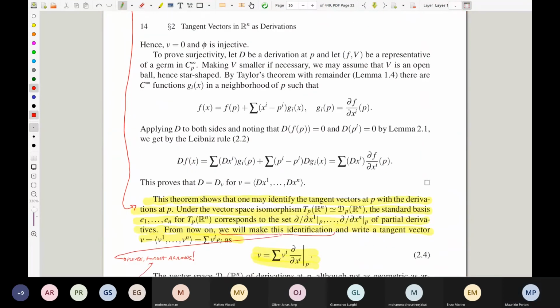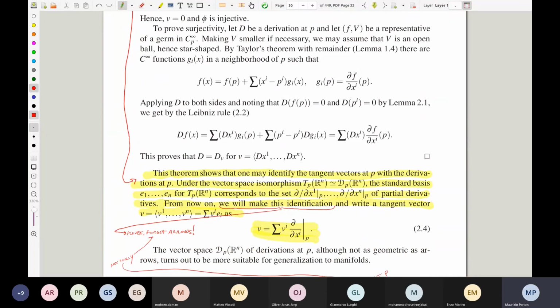And all these pages which we are skipping are telling you that tangent vectors are nothing more than derivations at the point P. Tangent vectors at a point are derivations.